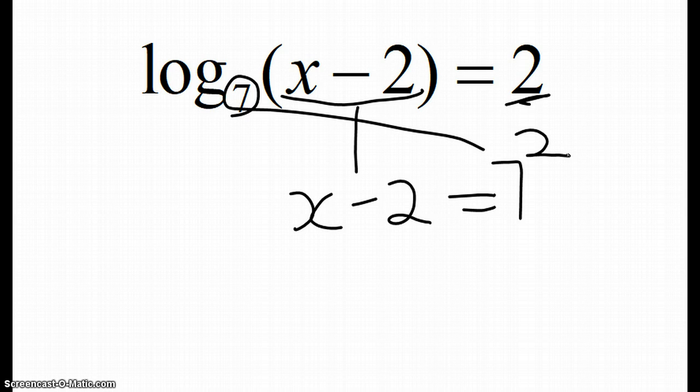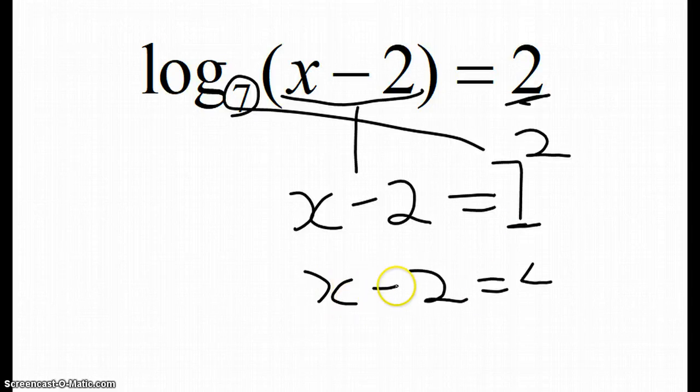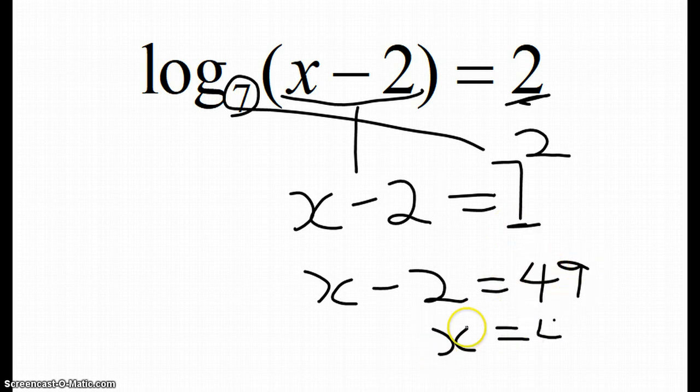Then we've taken away the logarithm, now leaving everything in the form of indices. Now this can be written as x minus 2 is the same as 49, that is 7 times 7, and making x the subject, we have x is equal to 49 plus 2, and that will give us the answer as 51 as we had.